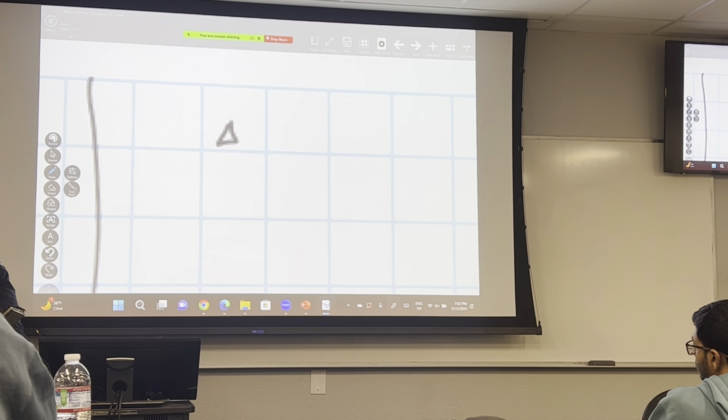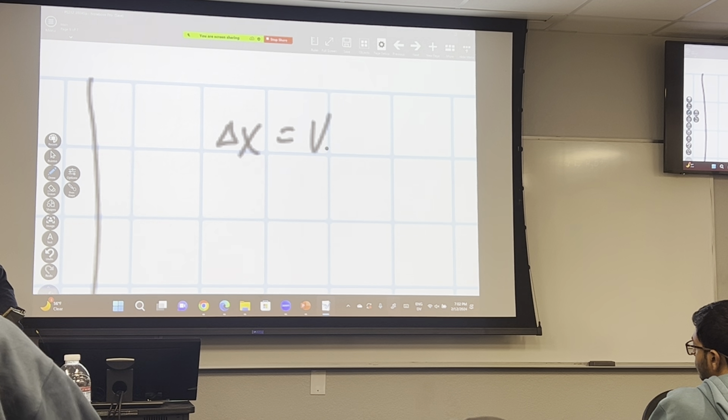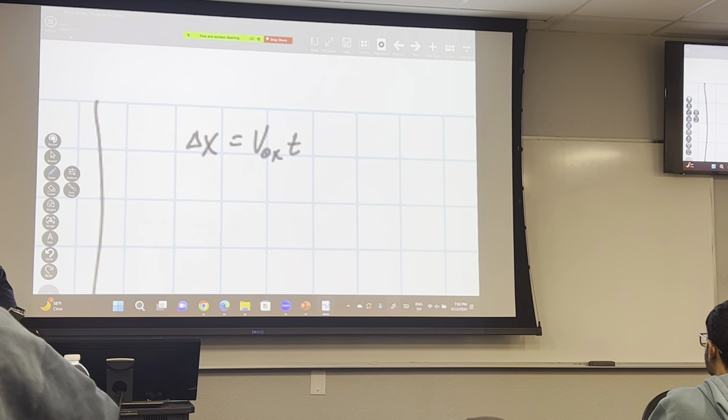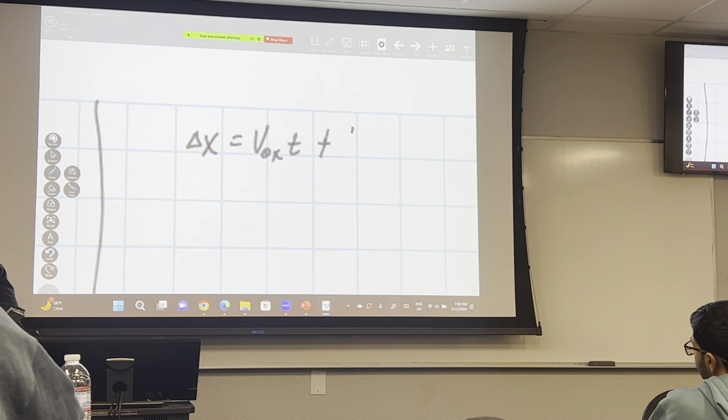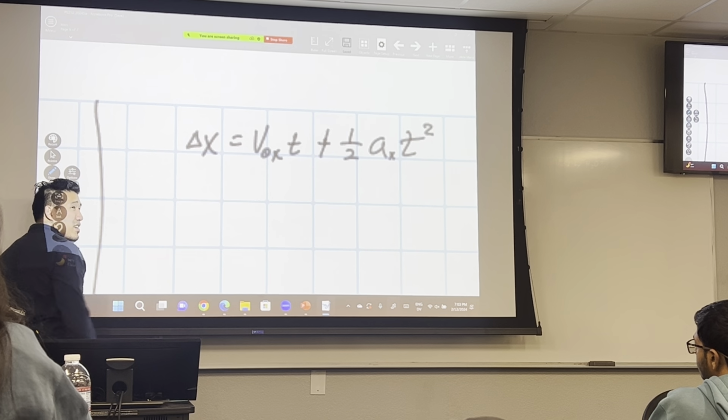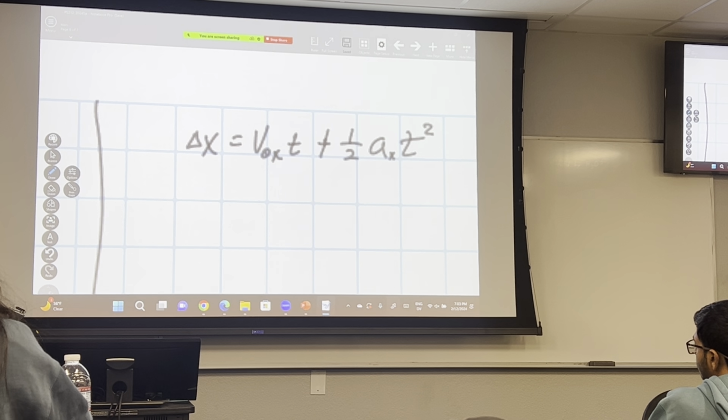So we know that we can use delta x is equal to v naught x t plus 1/2 a x t squared. Do we know delta x? Well, yeah, the specific scenario that we're looking for is d, so we know it.